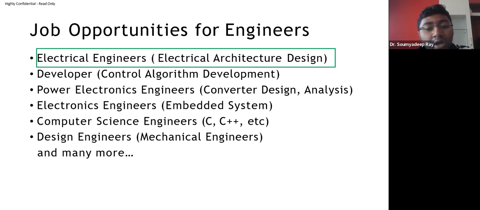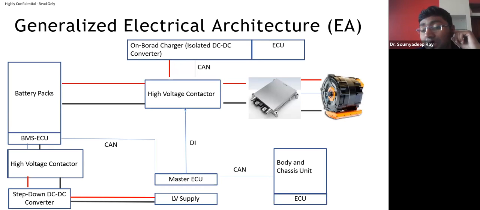Here I am giving you the generalized electrical architecture. The onboard charger you can see on the top. This should be isolated, and isolation is very important, because in the laboratory we develop buck or boost converters, but in industry, by safety standards, they should not be used.